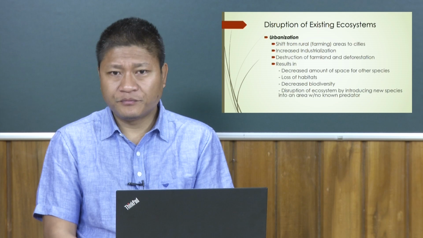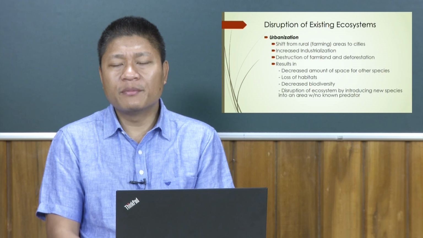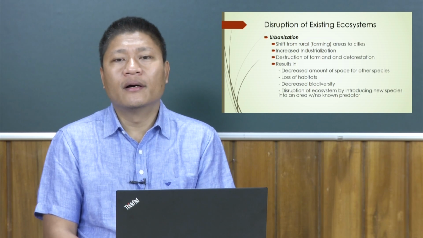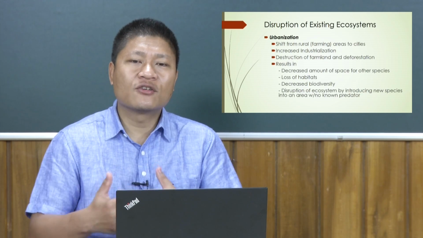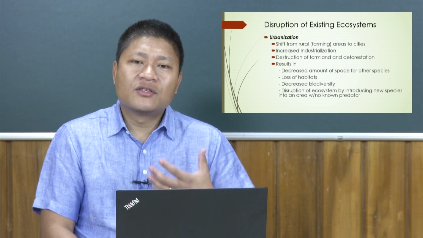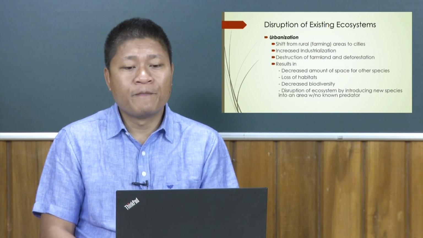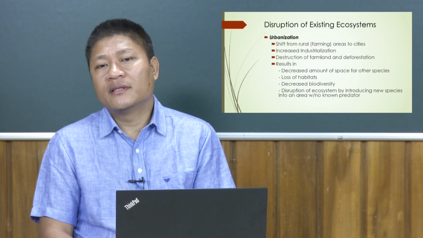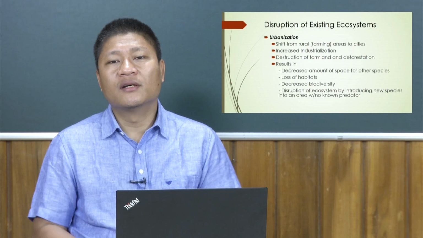This is the result of urbanization, and mostly also because of the increase in industrialization, and many of these industries are centered in close proximity to or within the city. That connectivity helps in supplying the raw materials at a much faster pace. As a result, it has led to the destruction of farmland and deforestation, and here we are talking about the rural context.